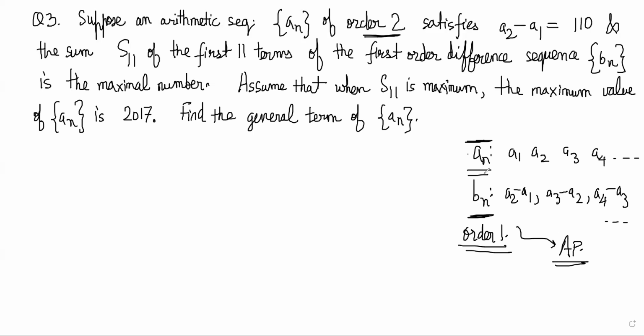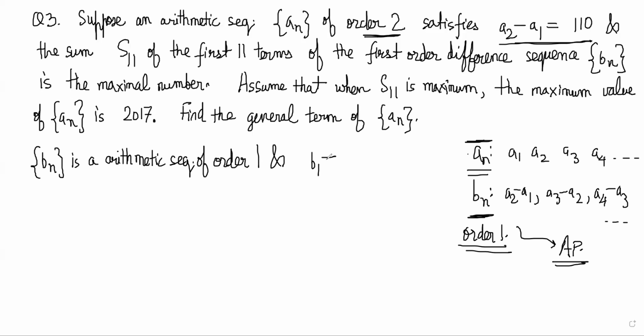and An is a higher order arithmetic sequence, right? In the question he has said that A2 minus A1 is 110, right? So the first term of Bn, which is a simple arithmetic sequence of order 1, is B1 = A2 minus A1 = 110.